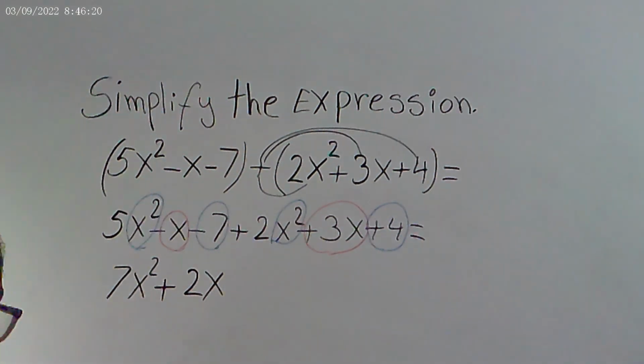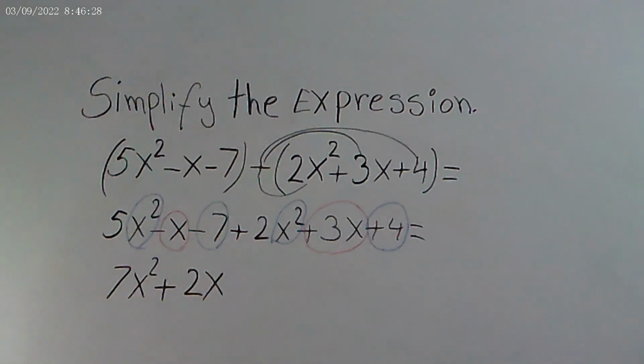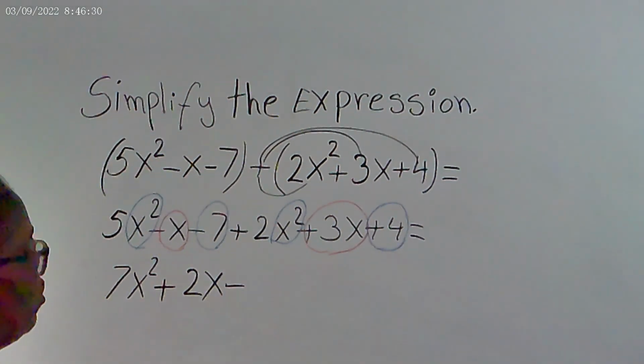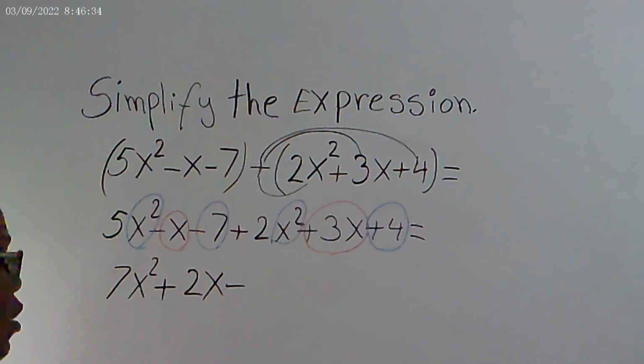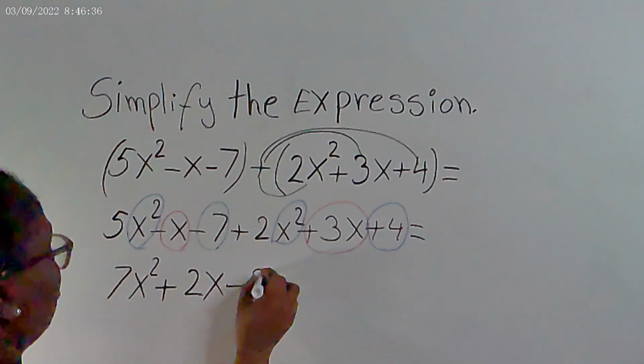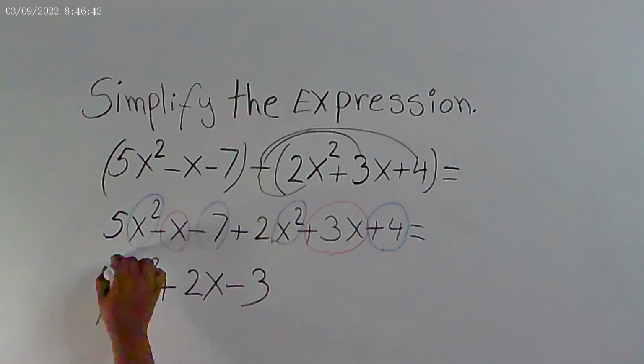The signs are different. You're doing subtraction. You keep the sign of the biggest number, which is 7. The sign in front of 7 is minus, so you keep the minus. Minus 7 plus 4 gives you minus 3. And then you don't have anything else. So that is the answer.